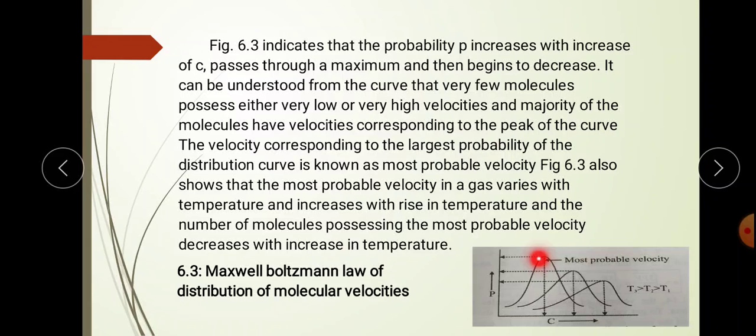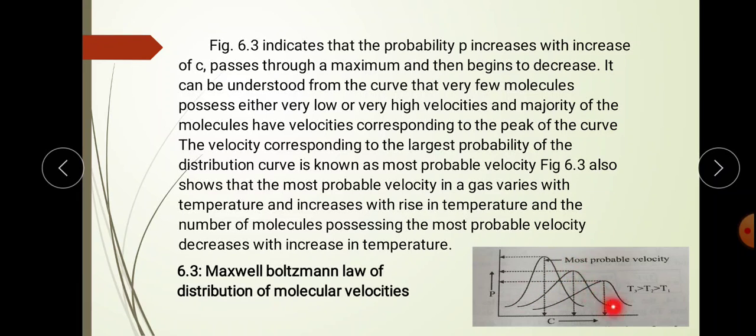After that point, the probability continuously decreases. So in this graph, the probability P increases with increase of c, passes through a maximum, and then begins to decrease.